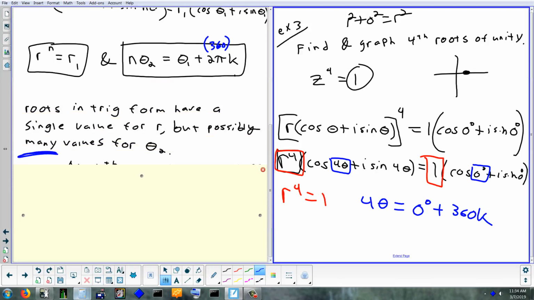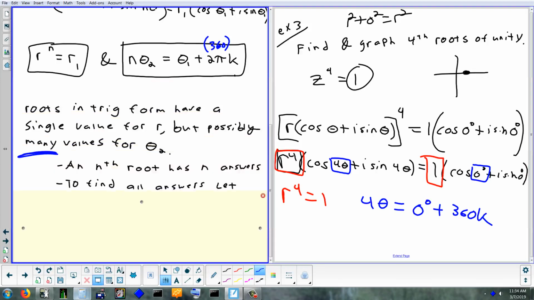How do you get the 4 answers for the angle? Well, you substitute in a number for k. You start at 0. If you want to get 4 answers for k, you're going to plug in 0, 1, 2, 3.